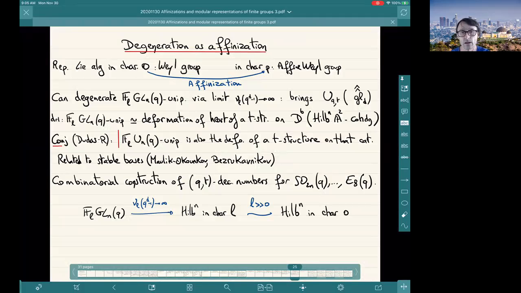Bezrukavnikov tells you structurally, but combinatorially, that's already Maulik. You have a certain base, you have this Fock space, and there is a certain stable basis associated to every rational number. So now you would have to take a rational number that has denominator d, and start with that. The difficulty is that this stable basis is not defined in one go.